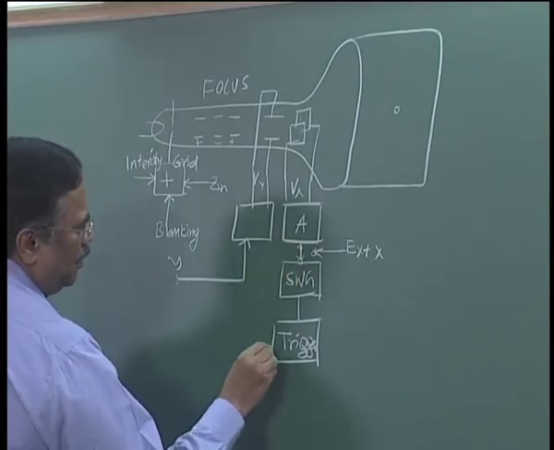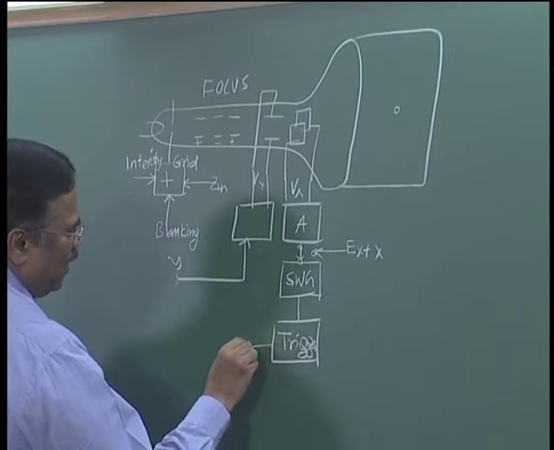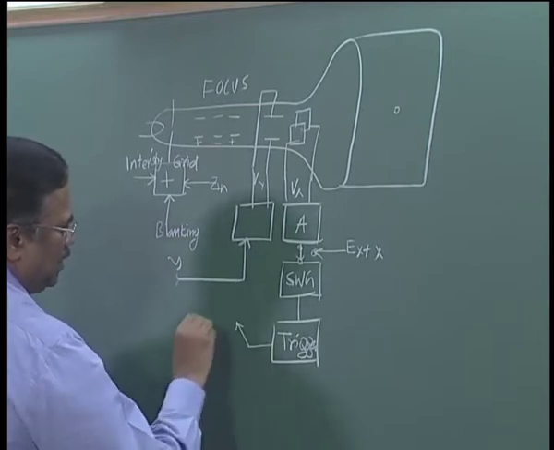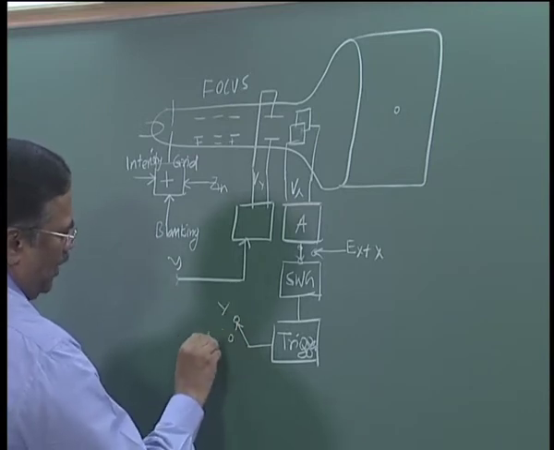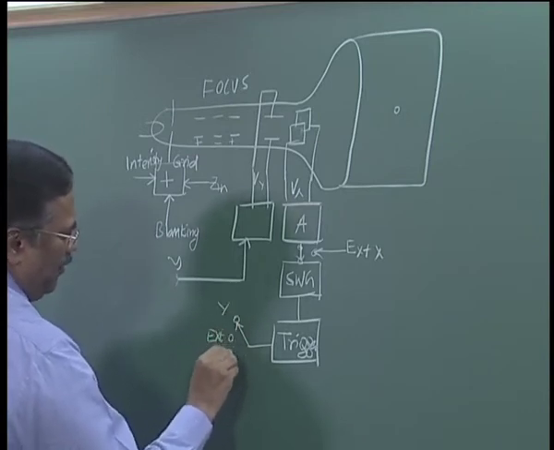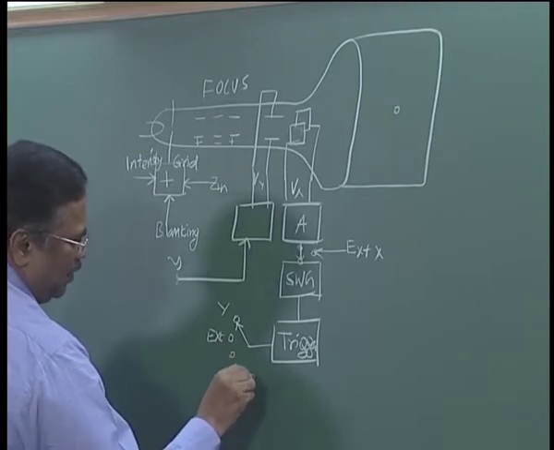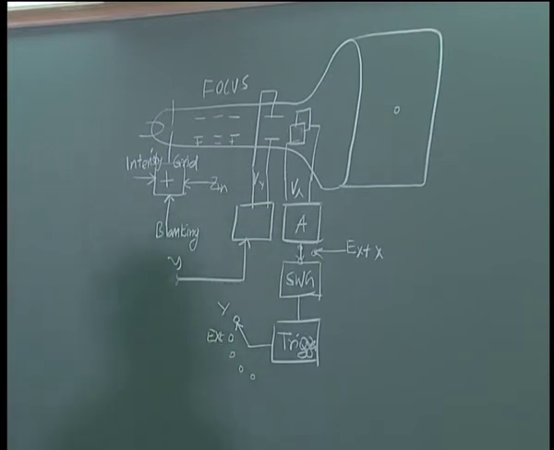Okay. Now the trigger circuit can be selected as from the Y input or external, and we will also have some other options, we will look at it a little later, right.